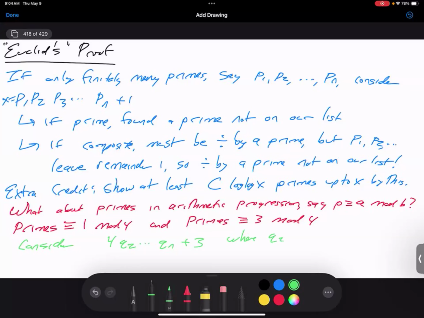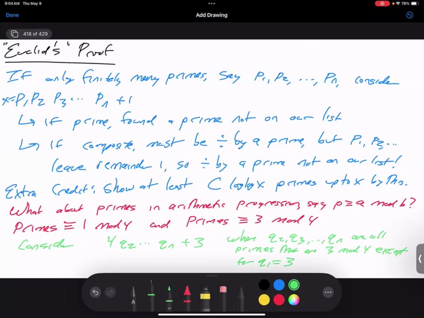Where, let's say, Q2, Q3, dot, dot, dot, Qn are all the primes that are 3 mod 4, except for Q1 equals 3. I take all the primes that are 3 mod 4 and I multiply them together.